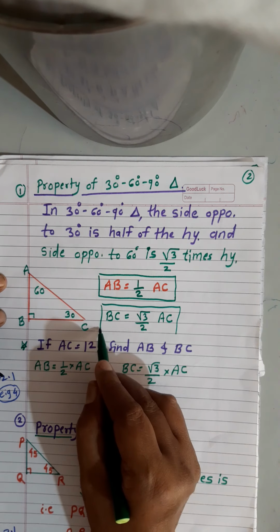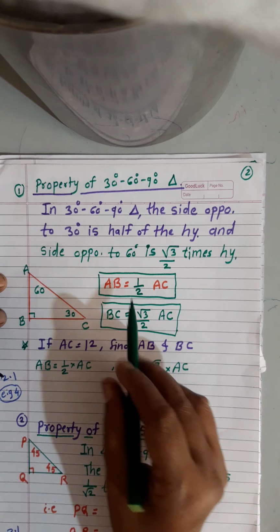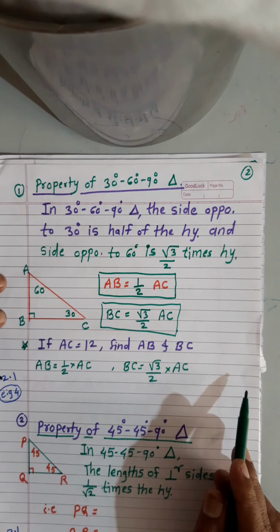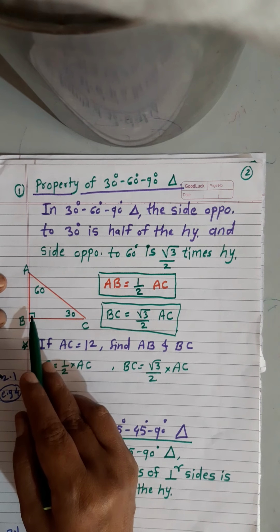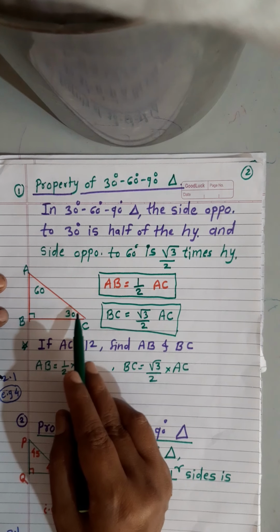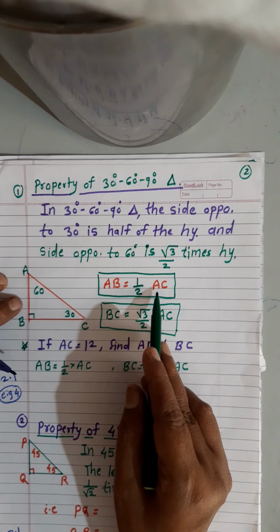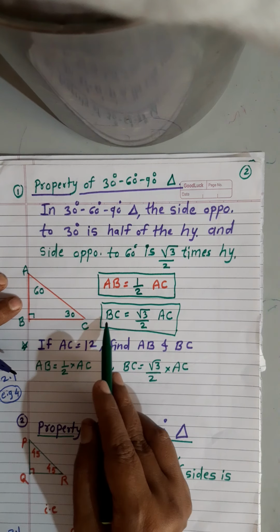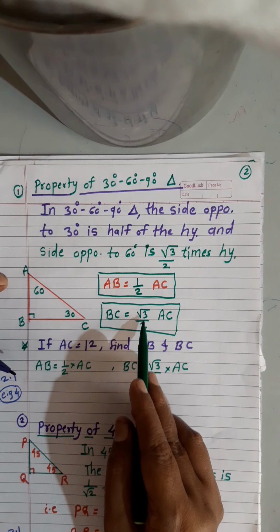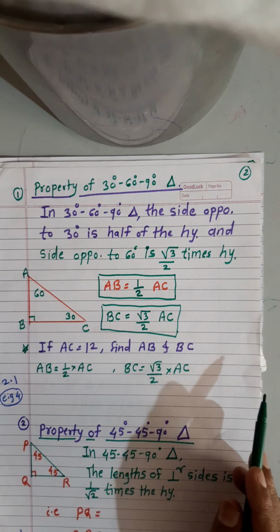This property is called the 30, 60, 90 property. In a 30, 60, 90 triangle, the side opposite to 30 is half that of the hypotenuse and the side opposite to 60 is root 3 upon 2 into hypotenuse.